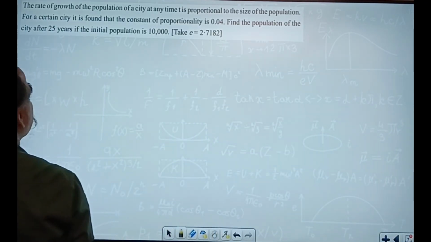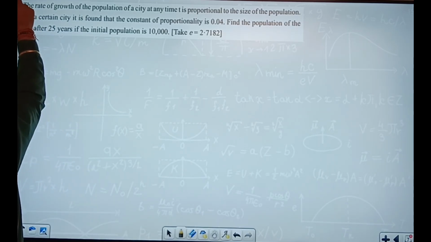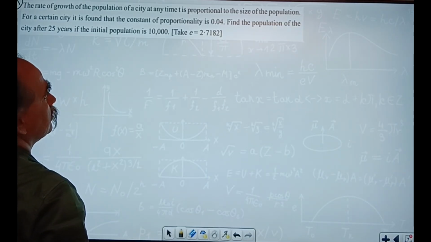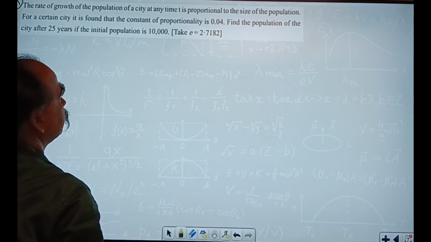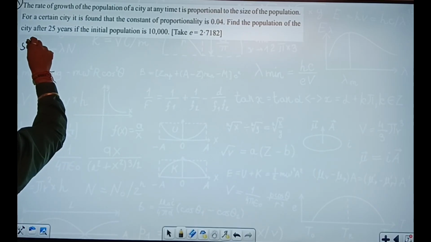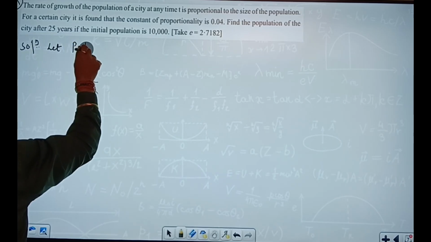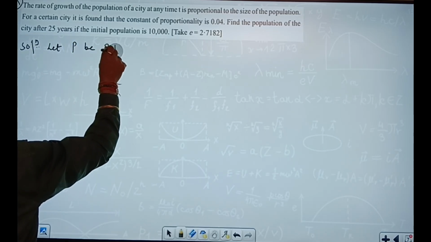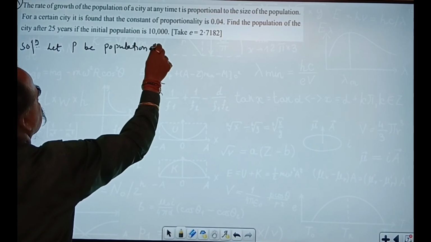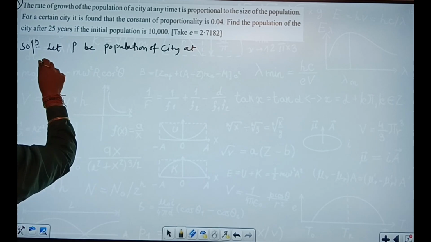The rate of growth of population of a city at any time t is proportional to the size of population. Let P be population of city at any time t.